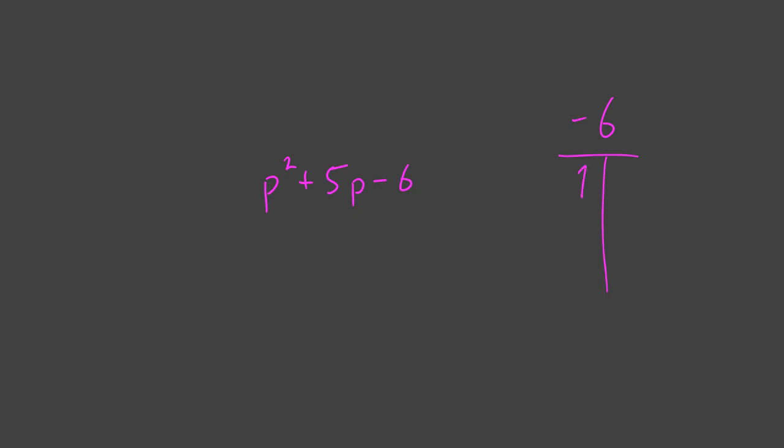So I'm just going to list out the positive factors, the factors of the absolute value, just keeping in mind that it has to multiply to a negative 6. So one of these has to be negative. Well, I'm adding to positive 5, so it looks like negative 1 and positive 6 would fit the bill. So p minus 1, p plus 6 would be the factored expression.